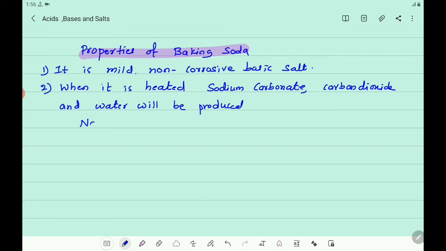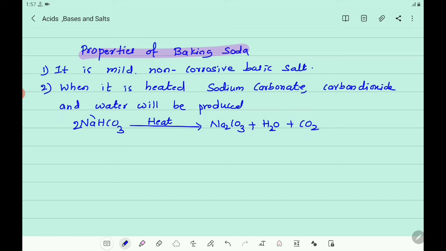So you take the reaction: NaHCO3, that is sodium hydrogen carbonate, which is baking soda. When it is heated, Na2CO3, sodium carbonate, and water plus carbon dioxide. So here Na2 is there, so you must write 2NaHCO3, then H2O is there, CO2 is there.